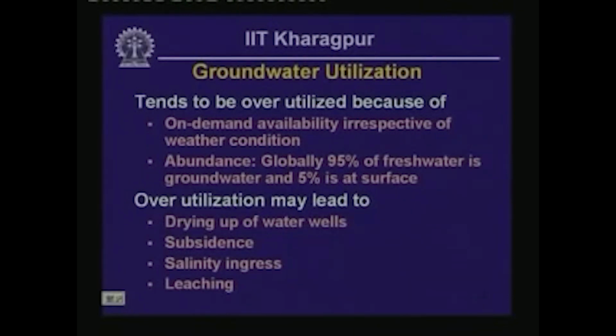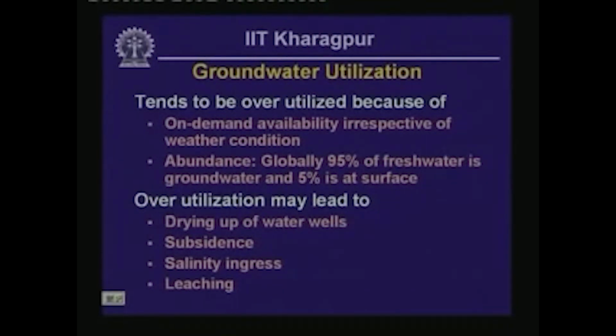Groundwater also tends to be overutilized because it is essentially an on-demand supply. You can tap a groundwater resource at any time when you require it. You do not have to worry about weather conditions or whether there is any flow available in a surface irrigation ditch because of drought.